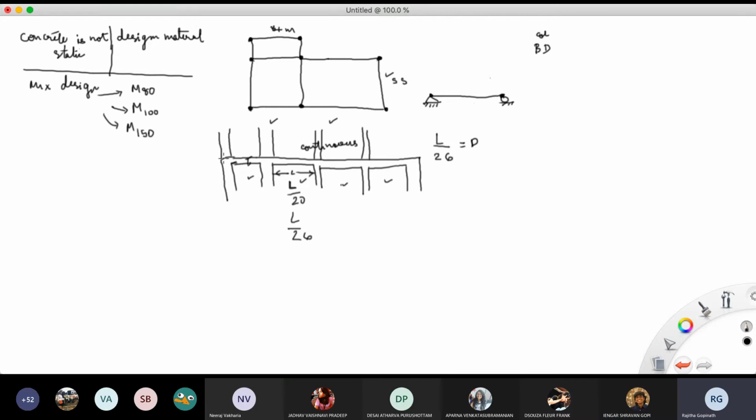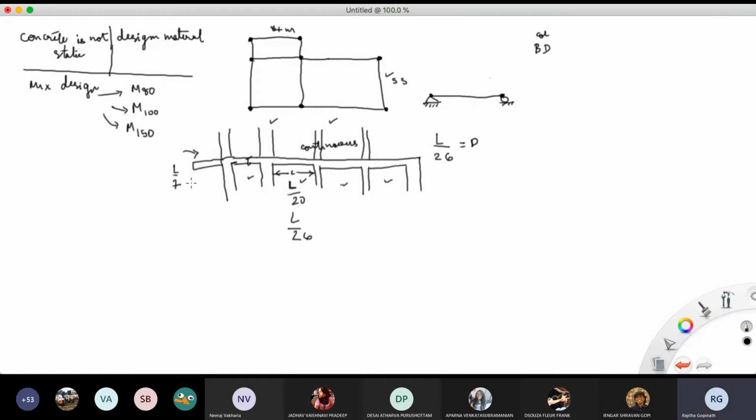एक और चीज था, if you have a beam that is coming out like this, right? इसका depth कितना होना चाहिए? What should be the depth of this one? इसका depth usually रखते हैं L by 7.